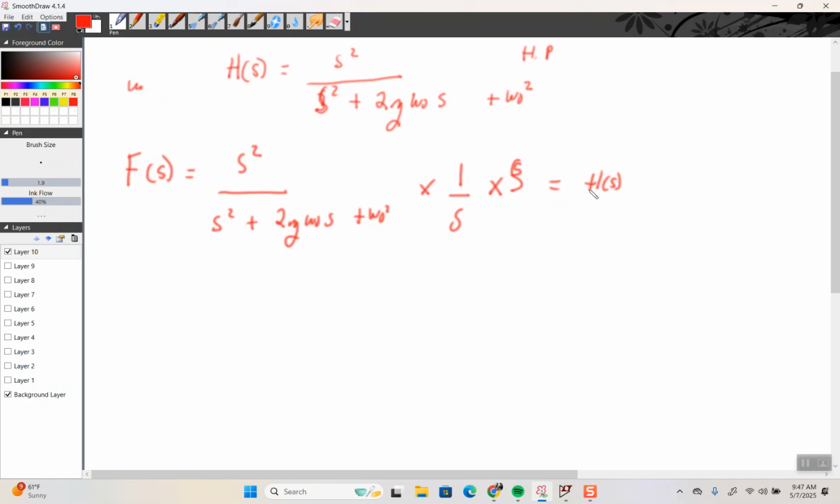Right? So f of t equals the inverse Laplace of H of s, right? And so f at t equals 0 and f at t equals a large number equals f, s equals to infinity equals f.